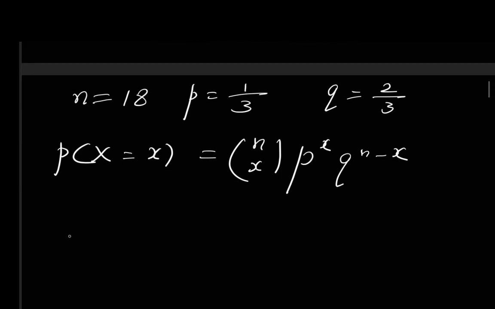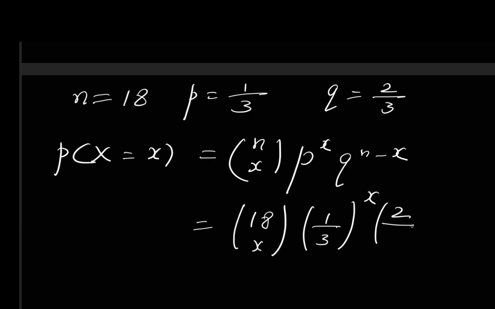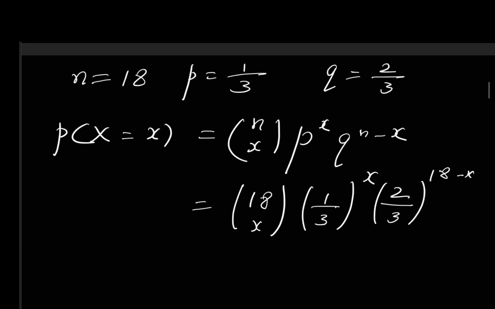So the first question: find the probability mass function. Just substitute the values. Here x is not given, but n is equal to 18, so 18Cx, P is 1 by 3 the whole power x, Q is 2 by 3, the whole power 18 minus x.